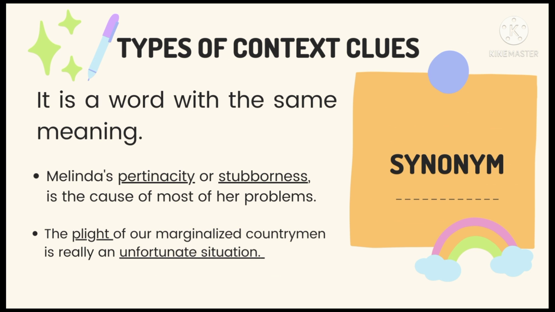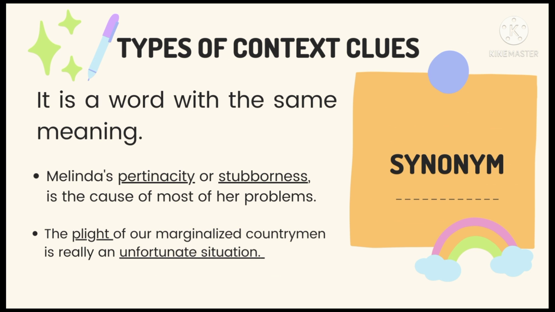In the sentence, the unfamiliar word is pertinacity. Also, in the same sentence, the unfamiliar word pertinacity was already defined. Pertinacity means stubbornness. If you would notice, the writer used "or" to provide a word that is easier to understand than pertinacity.